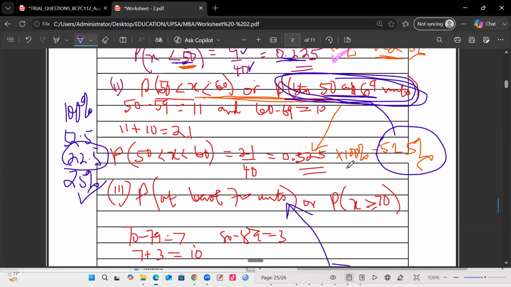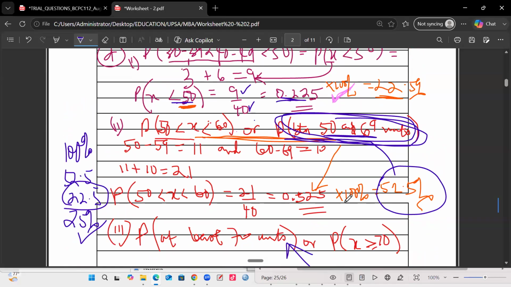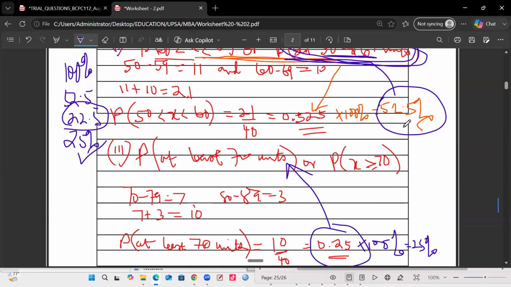Are you getting it? Now I'm ranking them. 52.5% of the workers produced between 50 and 60 units. This is the highest of all the three performances. Of the three probabilities, the 52.5 is the highest.